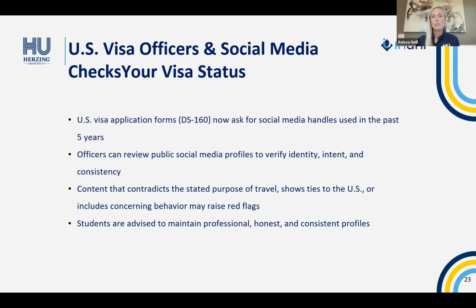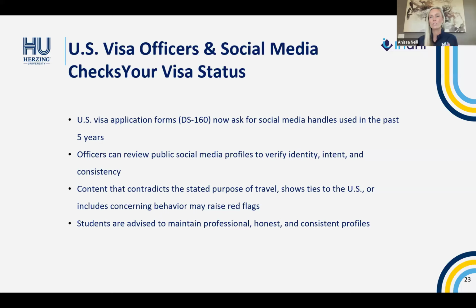And the officers can review your social media profiles for a lot of reasons. So they're looking to try to verify your intent in coming to the USA. They're trying to verify that what they see on your social media is consistent with what you're saying. It doesn't mean you need to go post anything about I'm going to the USA or I want to go to the USA.